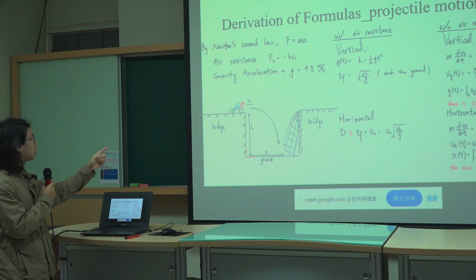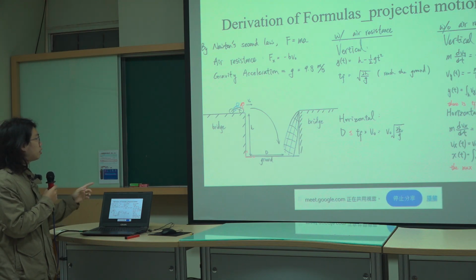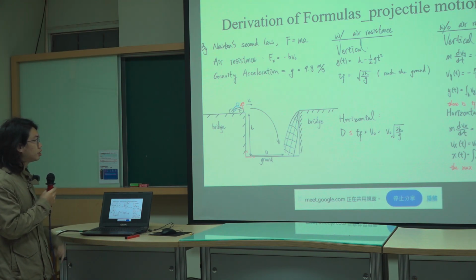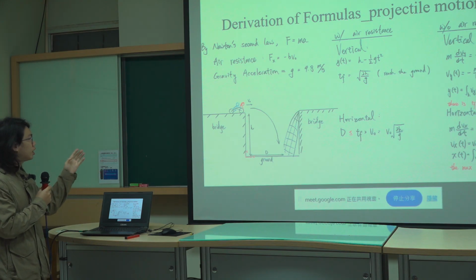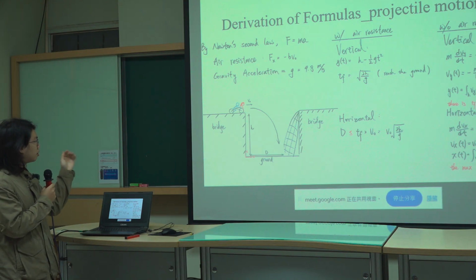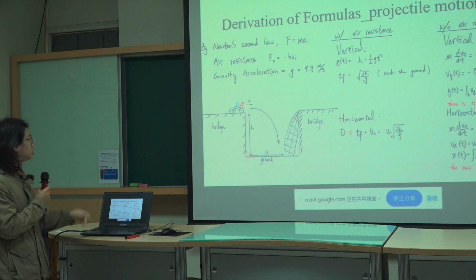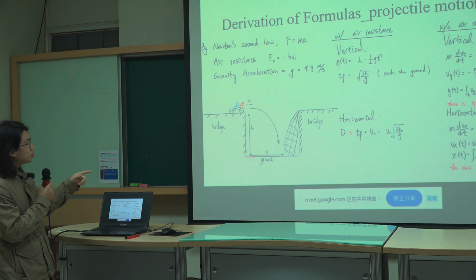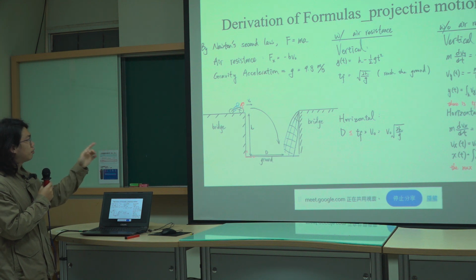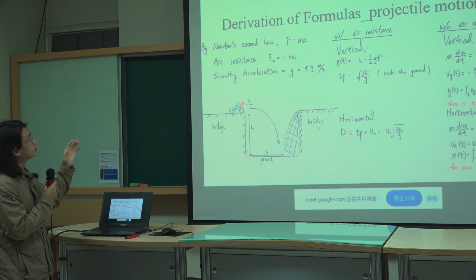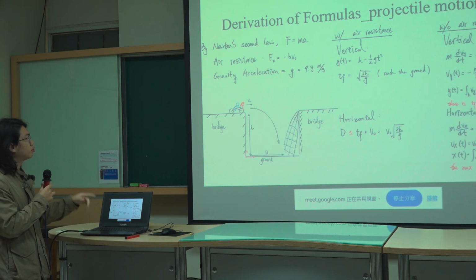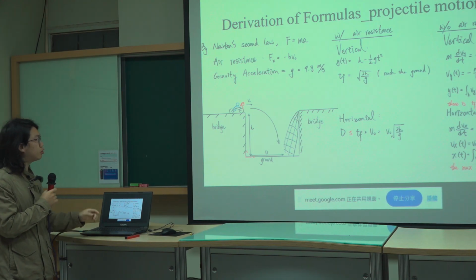I talk about the one without air resistance first, because it just has the initial velocity in the horizontal direction, so the initial vertical velocity is 0.